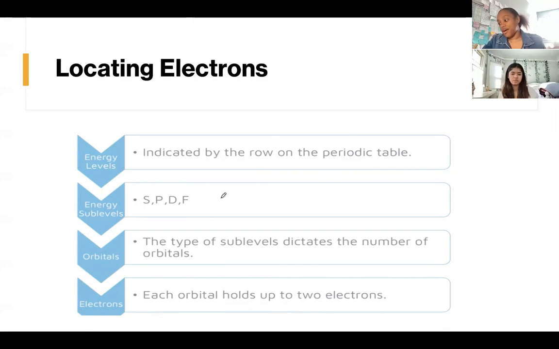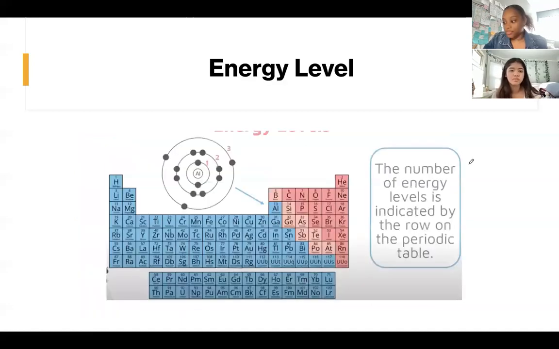An example of that is, the S level has one orbital, and that is where the electrons are located. And each orbital is going to have up to two electrons.